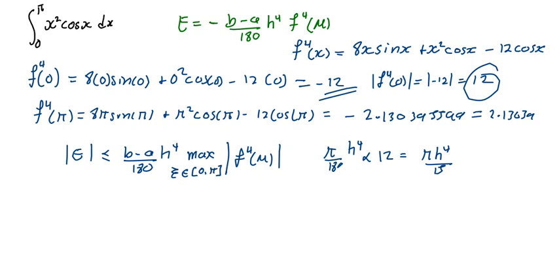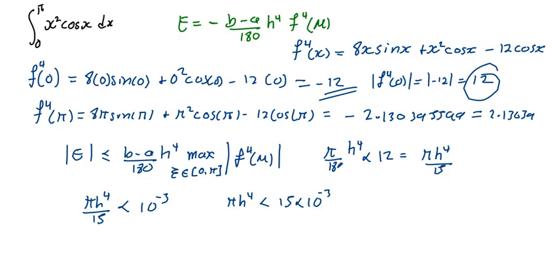So now to get our h, we have pi h to the fourth over 15. This is supposed to be within 10 to the power negative 5. So it simply means pi h to the fourth is less than 15 multiplied by 10 to the power minus 3.